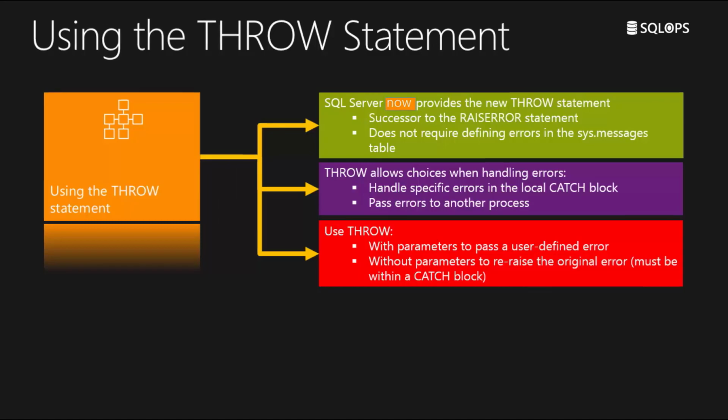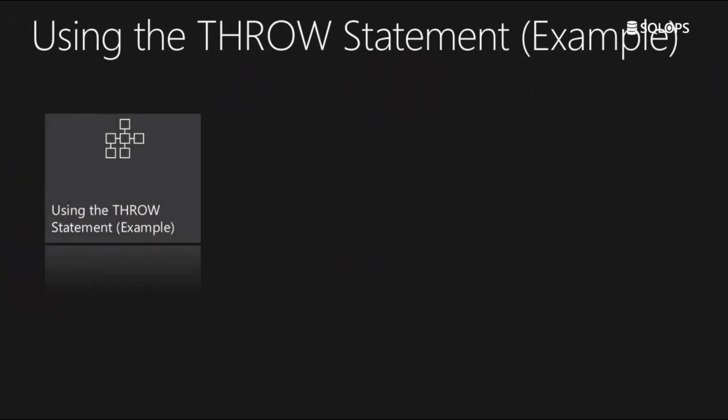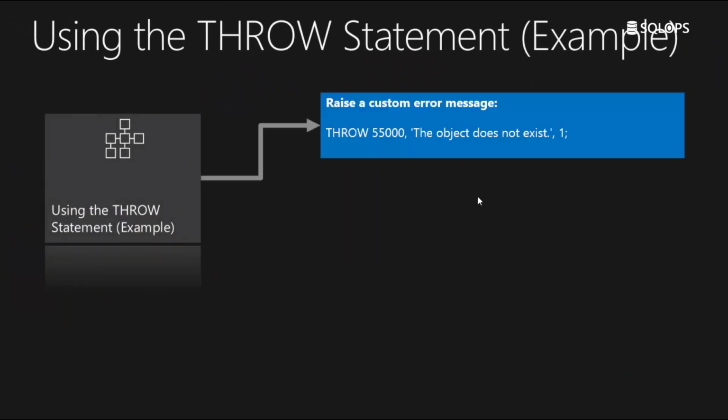Now let's see some examples on how to use the throw statement. The first example shows how to invoke the throw with parameters to raise a user-defined error message. You can see that the error message number is 55,000, which is greater than 50,000. Like we discussed earlier, any value less than 50,000 is reserved for system messages.